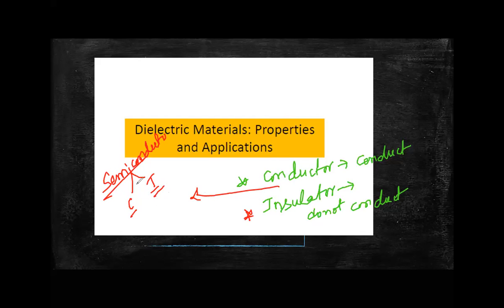They behave like a conductor at higher temperature, such as room temperature, and at 0 K they behave like insulators. At higher temperature they conduct; at lower temperature they act like an insulator.